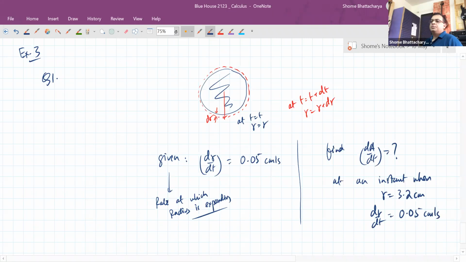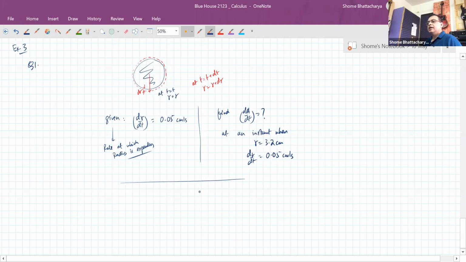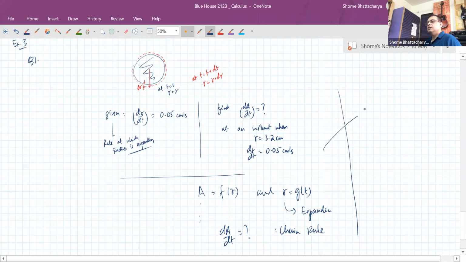So this is a practical application of the chain rule. Area is a function of radius, and the radius itself is changing with respect to time because it's an expanding radius. So when we want to find dA by dt, we'll have to use the chain rule. We use the concept that A is equal to pi r square.